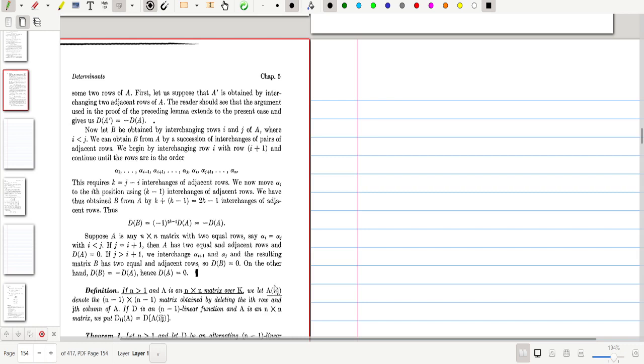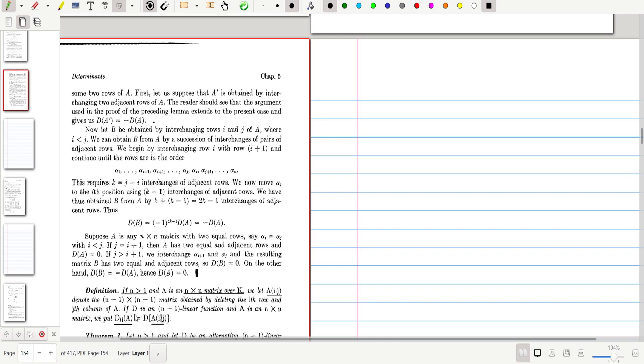Aij denotes the n minus 1 by n minus 1 matrix obtained by deleting the ith row and jth column of A. And if D is an n minus 1 linear function, that means the domain of D is M n minus 1 K, the set of all square matrices of order n minus 1 over the commutative ring with unity K, then Dij of A, this is new notation, is the D value of A of ij, the matrix obtained by deleting the ith row and jth column from A. So this will be an n minus 1 by n minus 1 matrix.